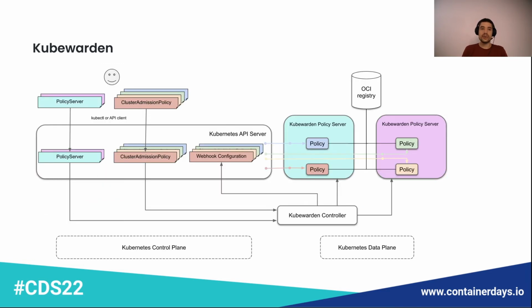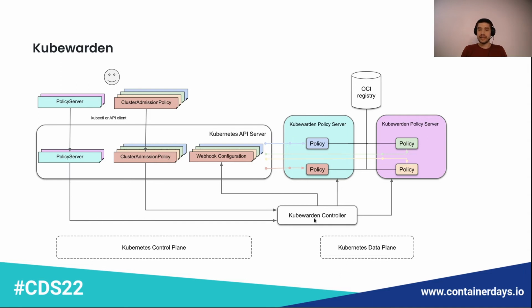So let's see how Kubewarden works. Here we have the custom resources for the policy server and cluster admission policy. These are the resources we as a user can create. Every time we create a policy server, there is the Kubewarden controller, which is continually watching for new resources or modifications to the existing ones.